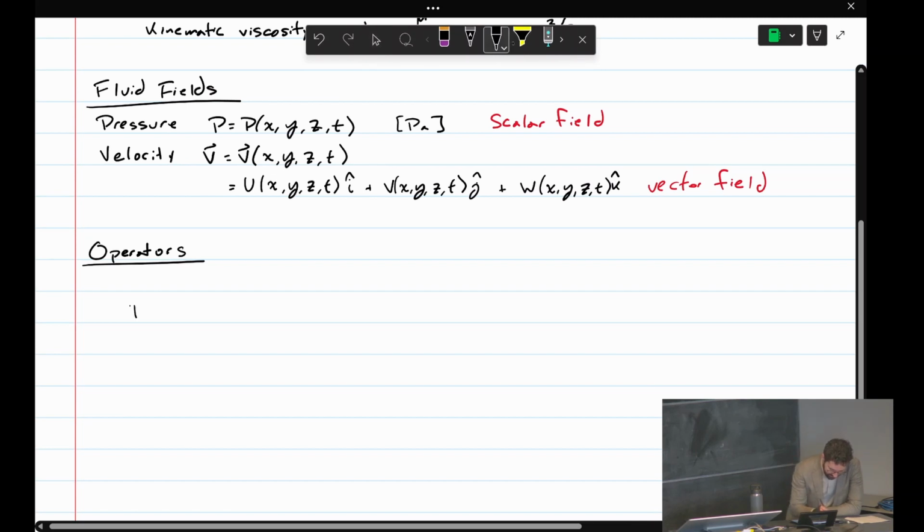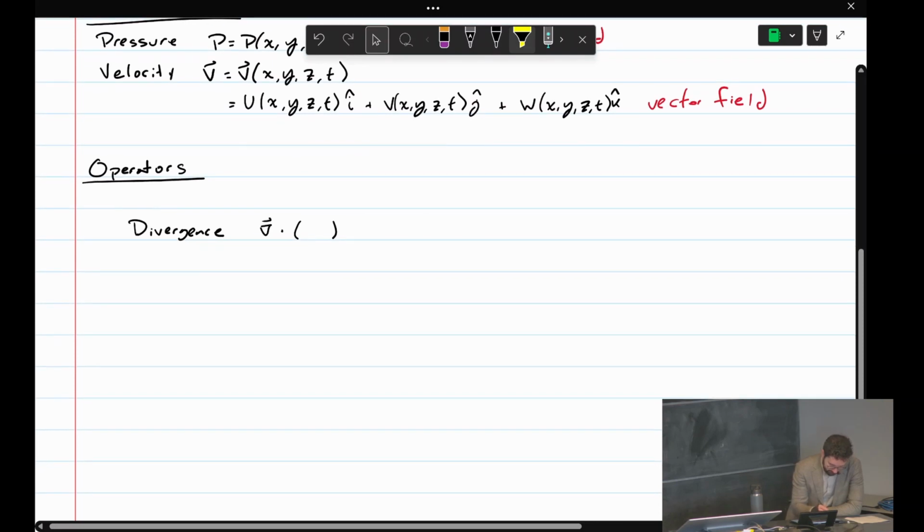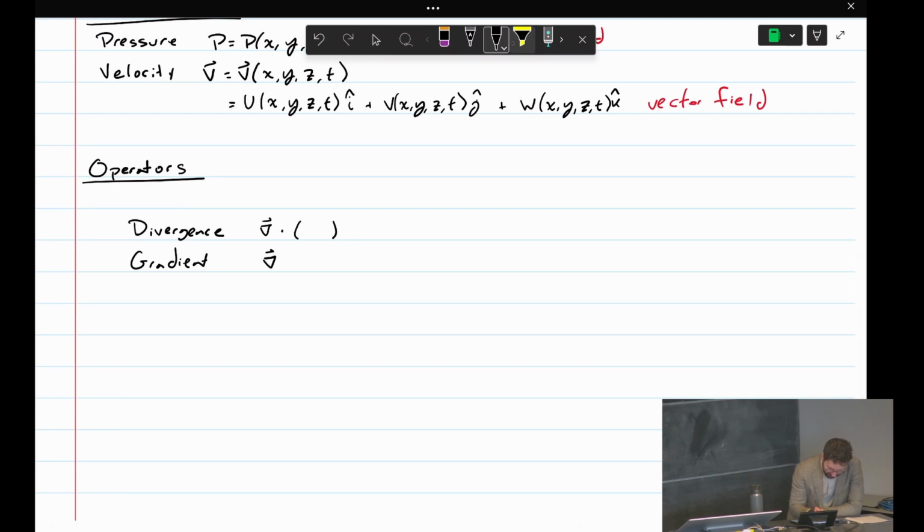Okay, so the operators we talked about were divergence. That's represented by nabla dot something. We talked about gradient, and that's represented by just nabla something.